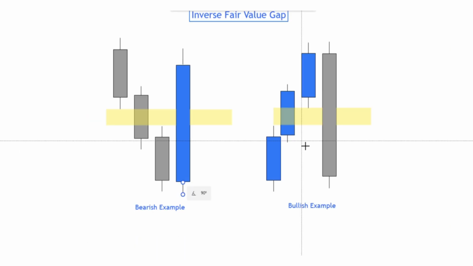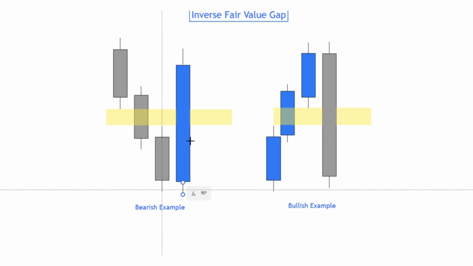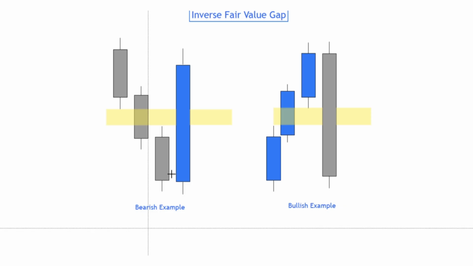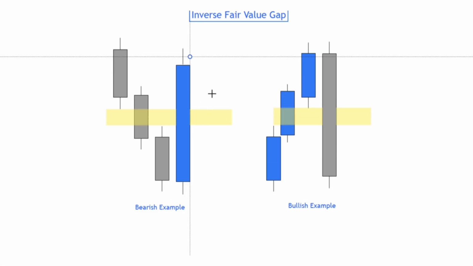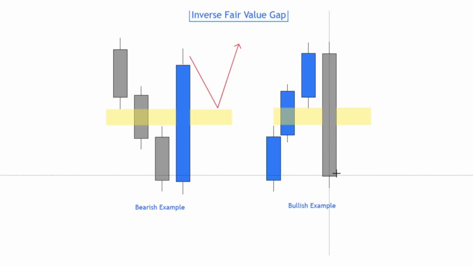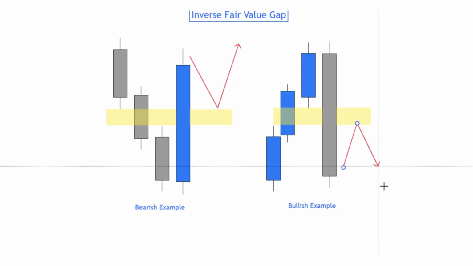All right, so the next thing we're going to look at is an inversion, also known as an inverse fair value gap. What an inverse fair value gap means is that the fair value gap failed, or price did not respect the fair value gap at all and closed above it. What I tend to look for in an inverse fair value gap is that price either returns back to the gap for support or it returns back to the gap for resistance.